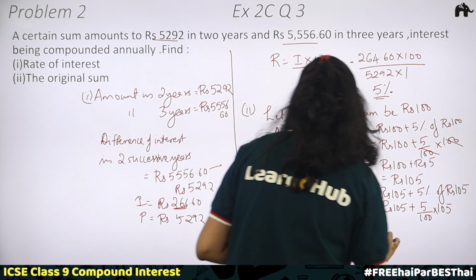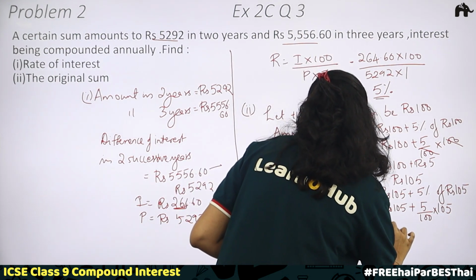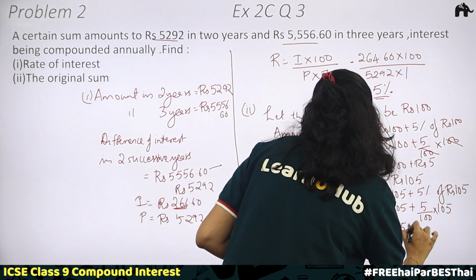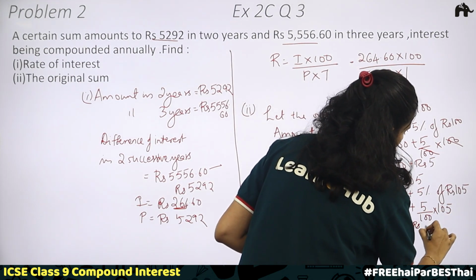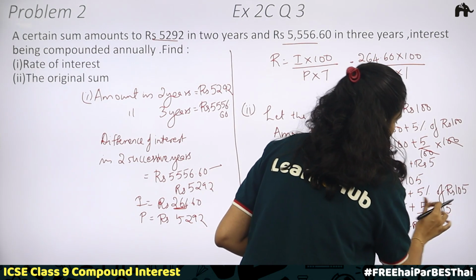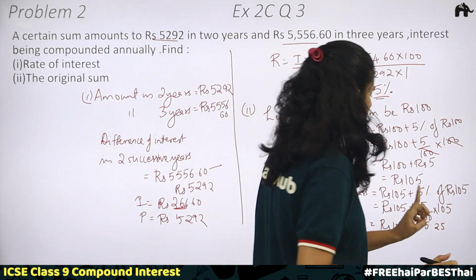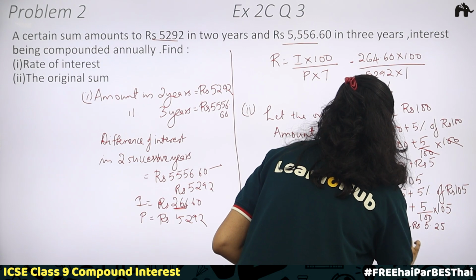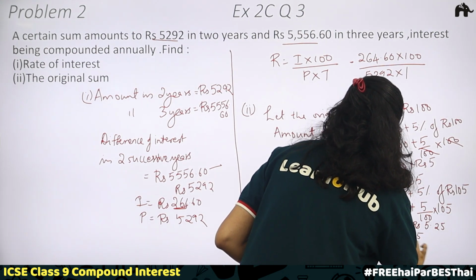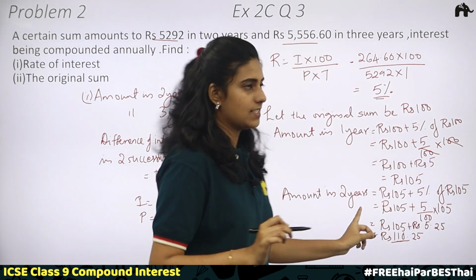So, when you calculate this, you will be getting 5.25. 5 into 105 is 525 divided by 100, 5.25. Adding, rupees 110.25. So, this is the amount in 2 years.